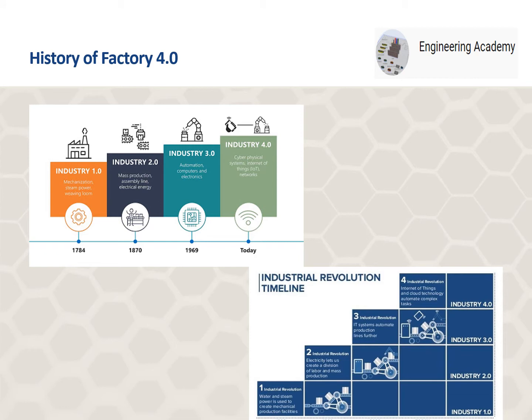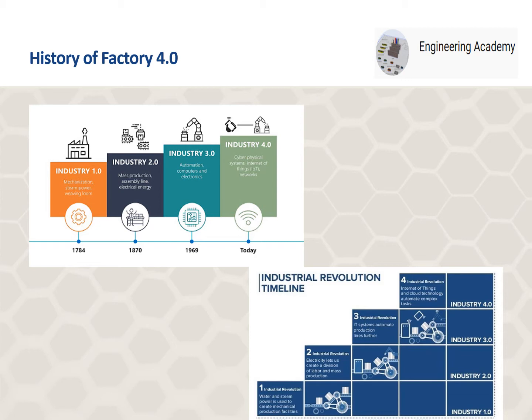So doing a very quick timeline, we can see that Industry 1 can be considered in approximately 1784, when mechanization and steam power started. Then came mass production with Henry Ford's car. You can have any Ford as long as it's black.